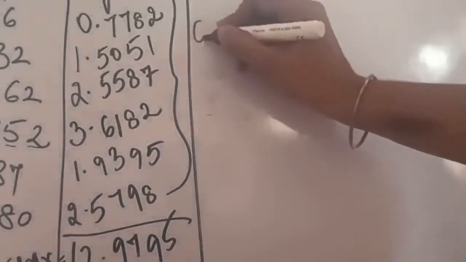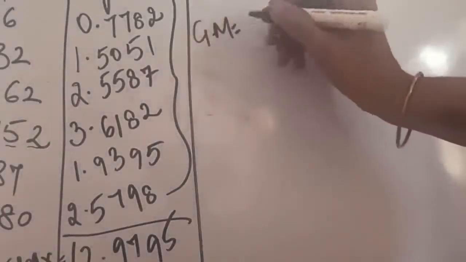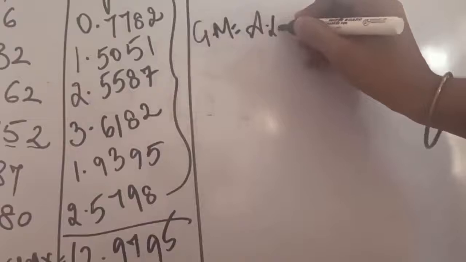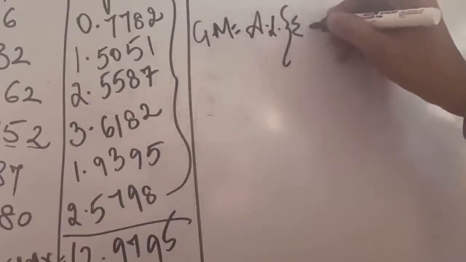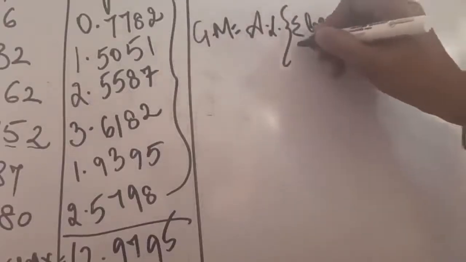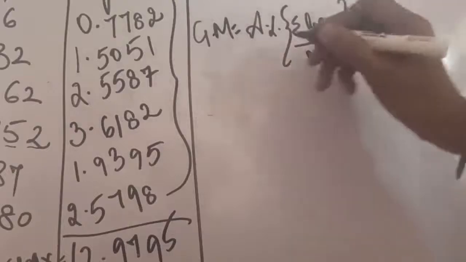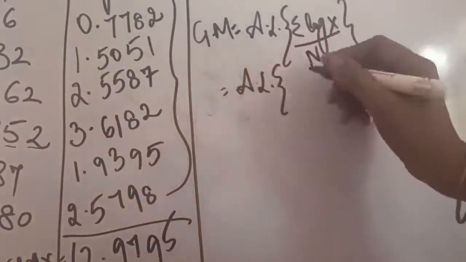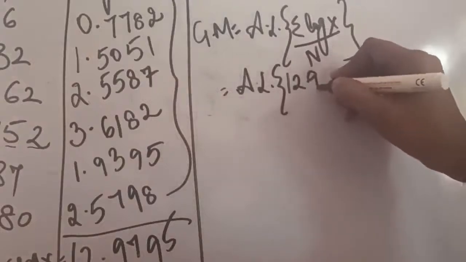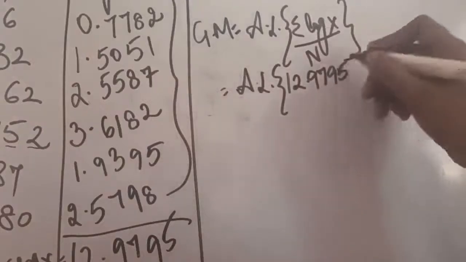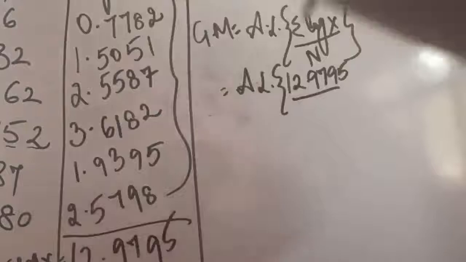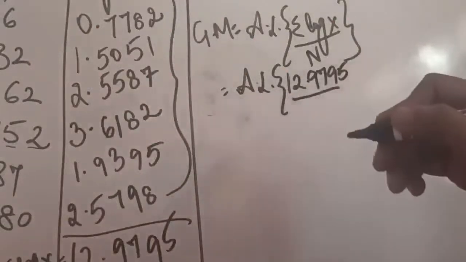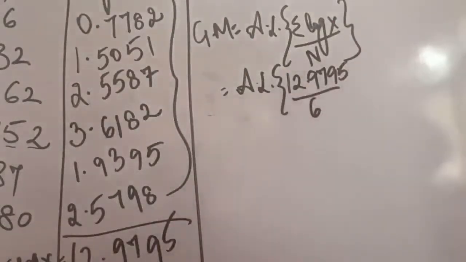So now after the calculation of sigma log x, let us calculate the geometric mean. The formula for geometric mean that we have seen is anti-log of sigma log x divided by n. Now let us put in the values that we just calculated. Sigma log x is 12.9795. N, as it is an individual series, is the number of observations, that is 6.